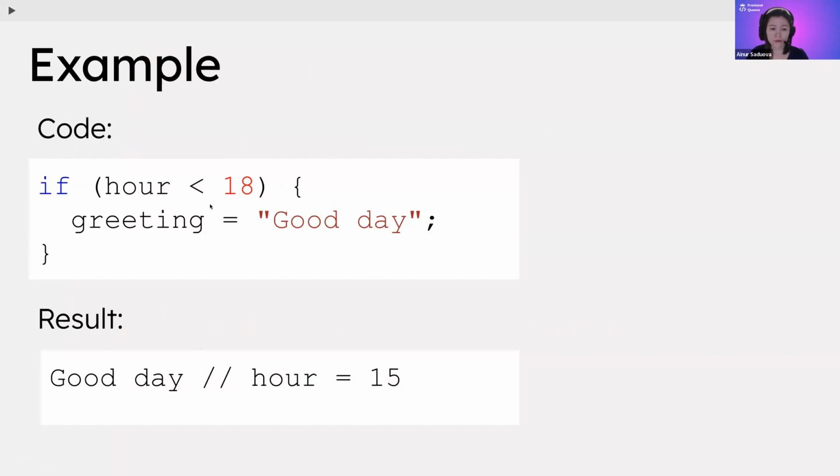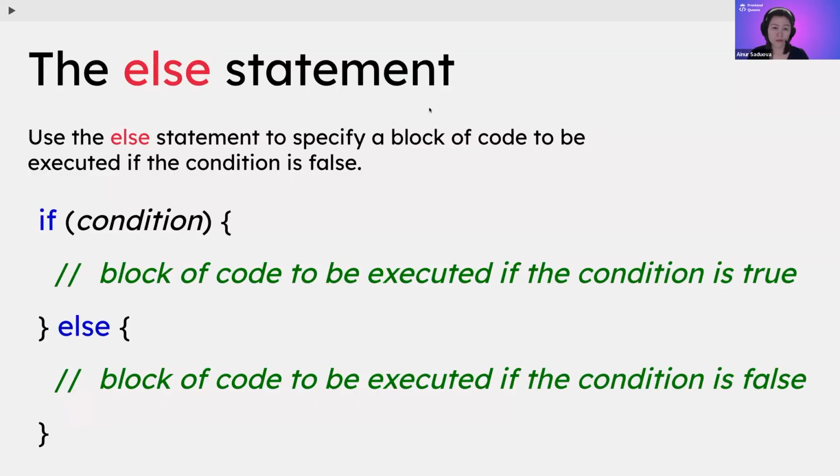But what happens if hour is more than 18? For this one, we have an else statement. Use the else statement to specify a block of code to be executed if the condition is false. Usually it follows an if statement, so you cannot have an else statement by itself.